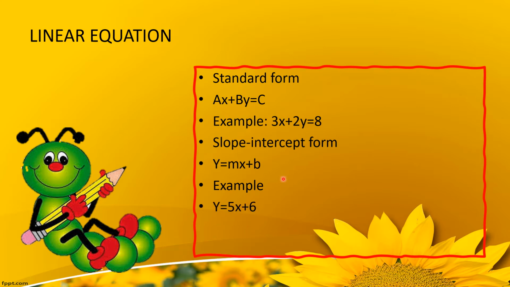An example, y equals 5x plus 6. In this example, m is the numerical coefficient of x. Therefore, we can say that m equals 5. The slope here is equal to 5. And b, the y-intercept, is equal to 6.